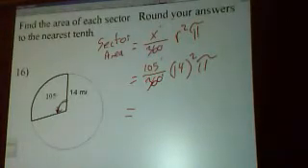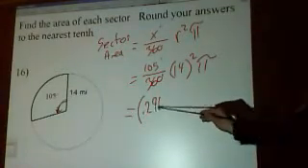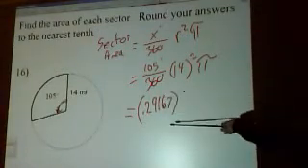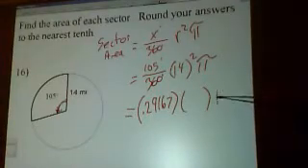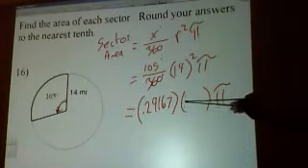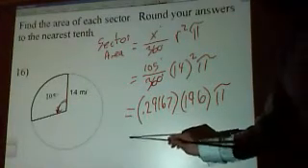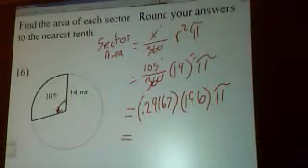So if I do 105 divided by 360, I get 0.29167, okay? And then 14 times 14. You get 196 for 14 times 14.